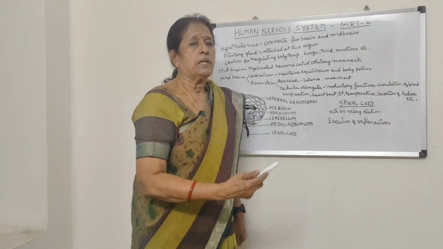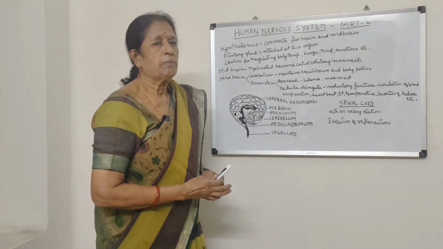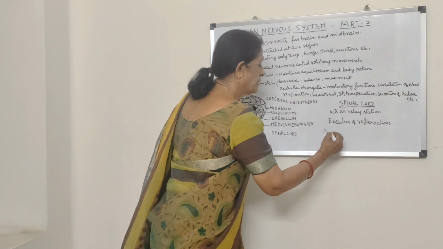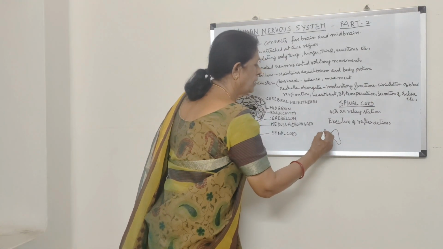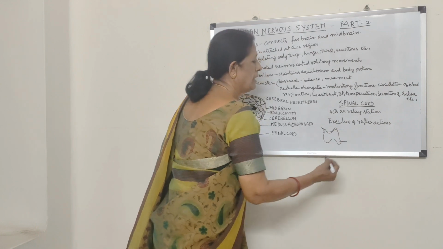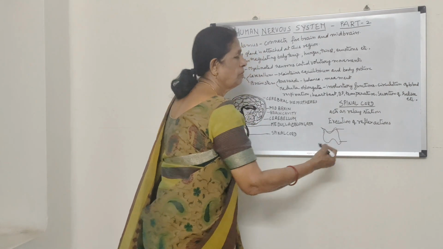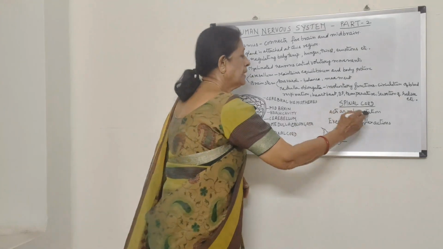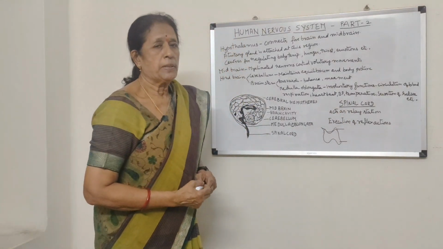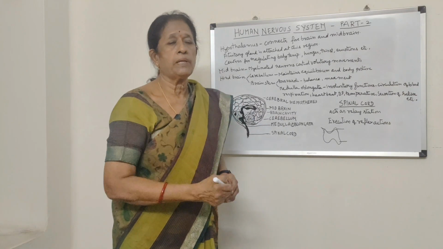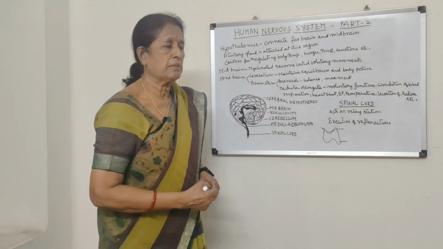And this gray matter is in the shape of X or H, having four limbs: two dorsal limbs and two ventral limbs. We shall see how these reflex actions are executed by spinal cord, what the components of reflex actions are, and what the different types of reflex actions are in the next class.